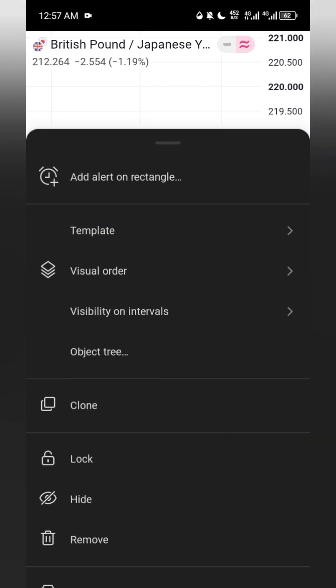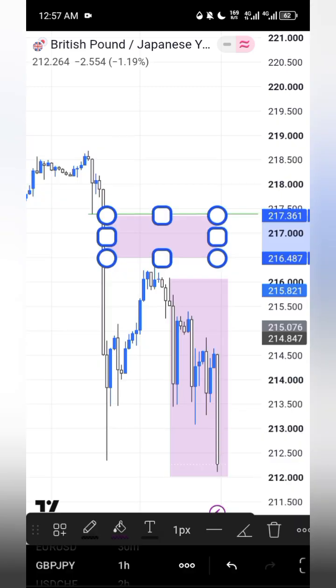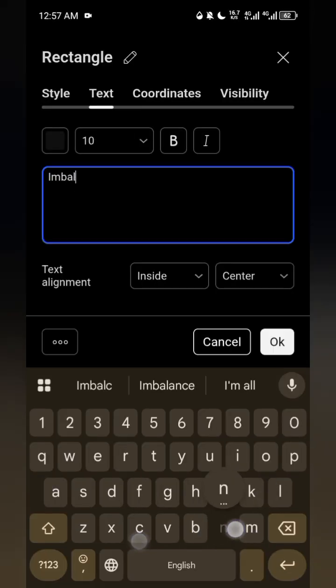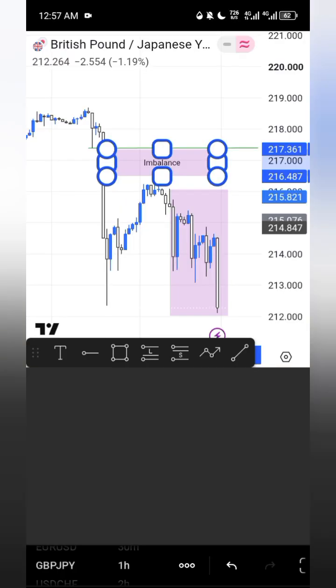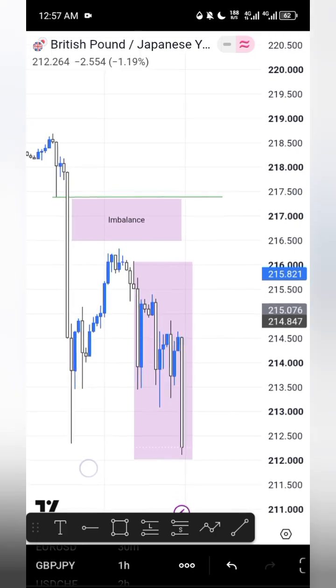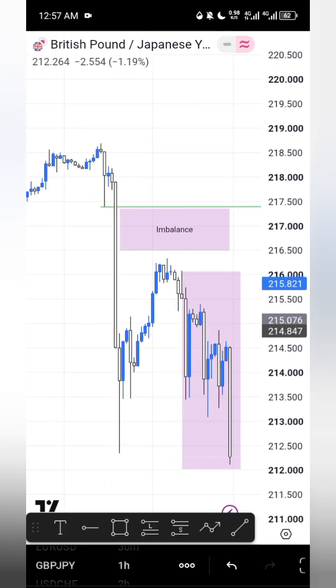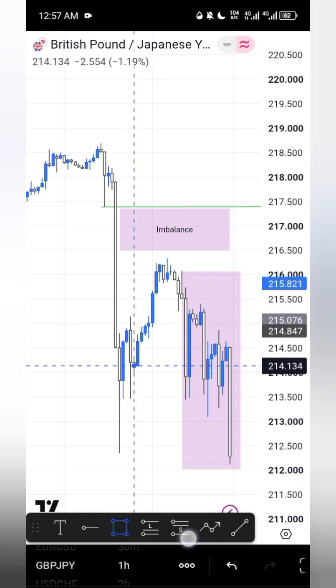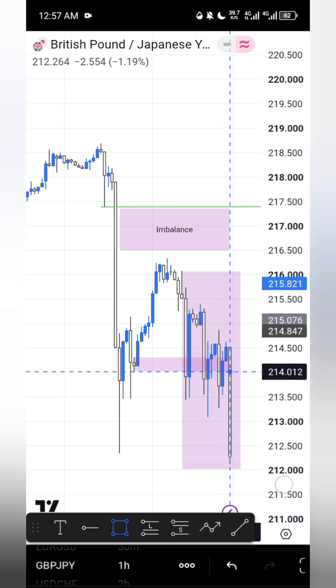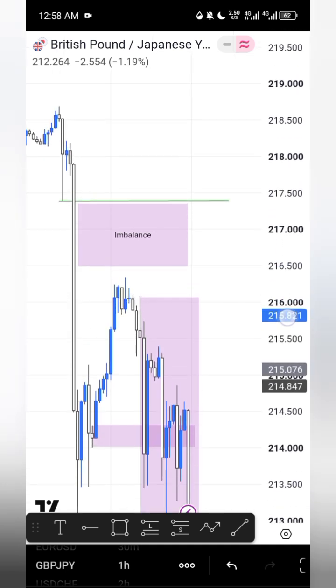This is an imbalance, which price we definitely want to fill up. Hence, I marked out this level as an order block where price is most likely to react from before continuing its move, be it to the downside or to the upside.